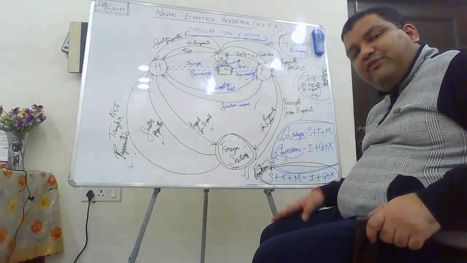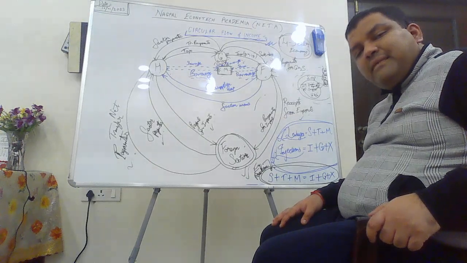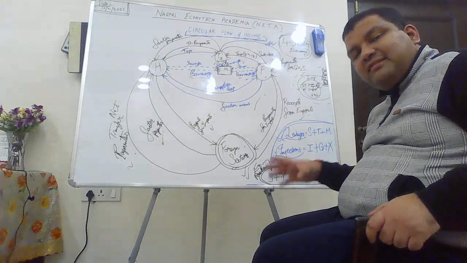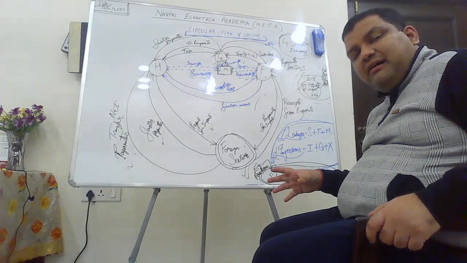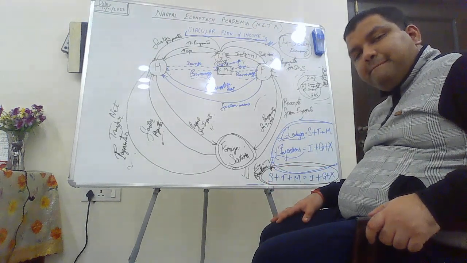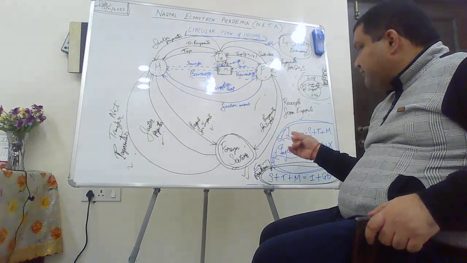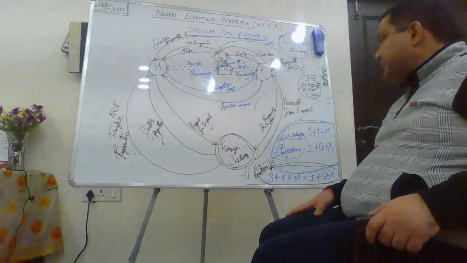I hope it's clearly visible to you, because it will help you to summarize the entire concept in a very well illustrated manner. Take note if you have missed anything.